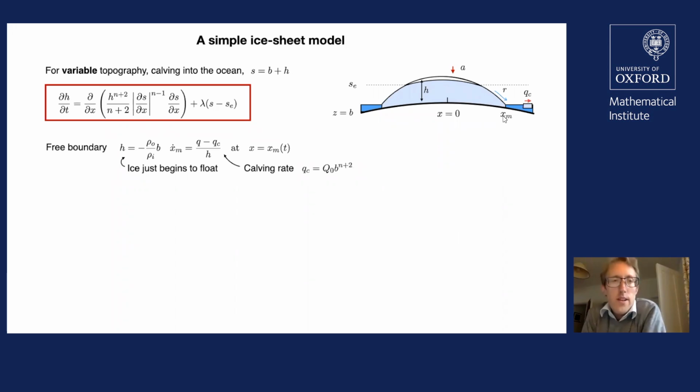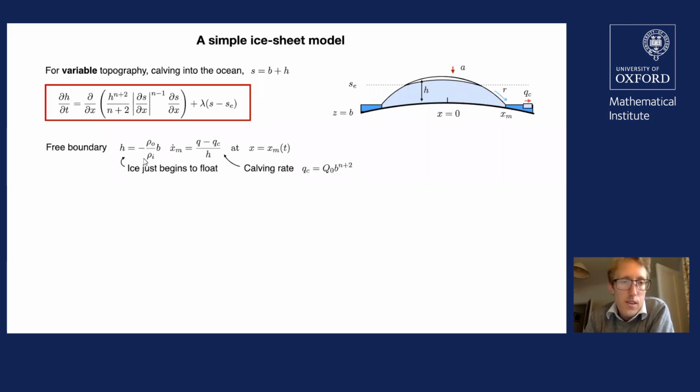And we still don't really know what's the right way to model this. But it seems that a pretty good approximation to what happens is that the ice gets to the point where it's just about to float. So B here is the height of the bed relative to sea level, which is z equals 0.